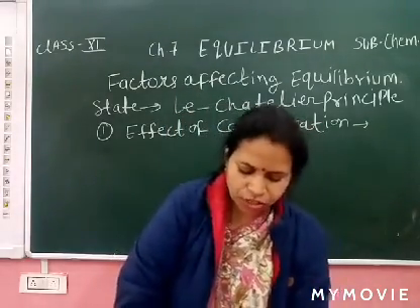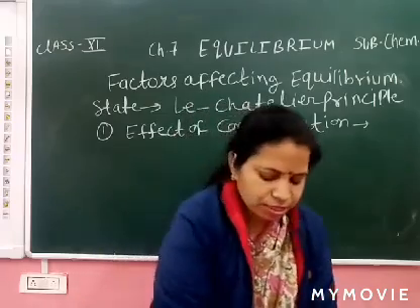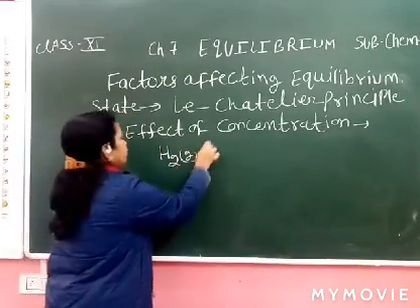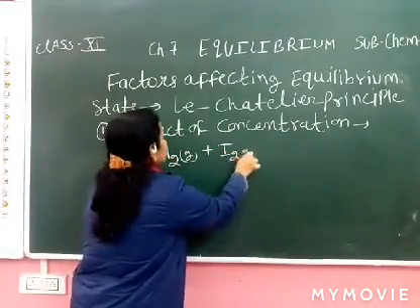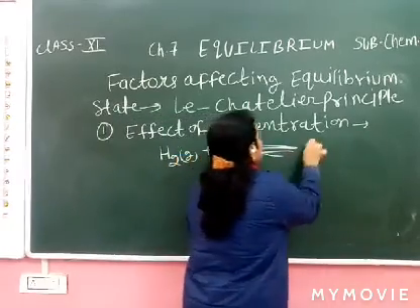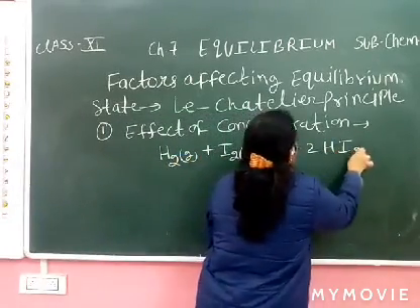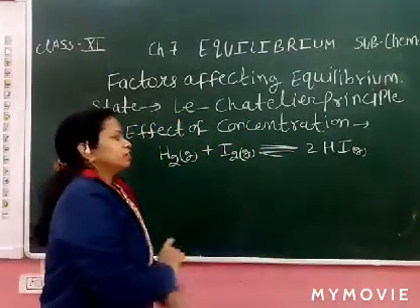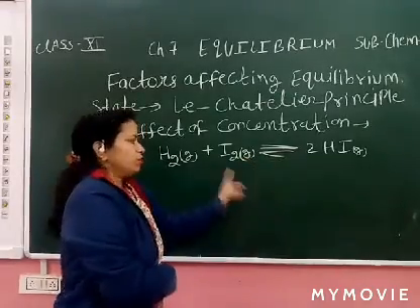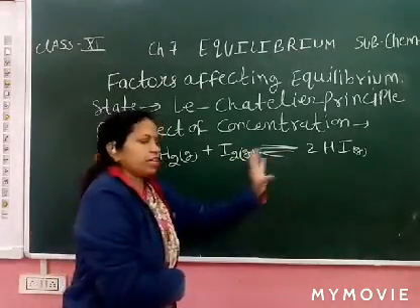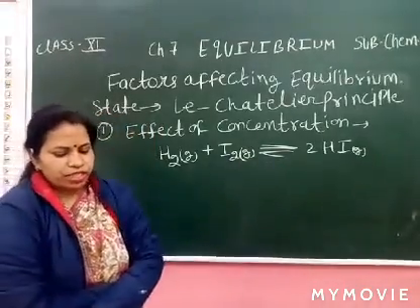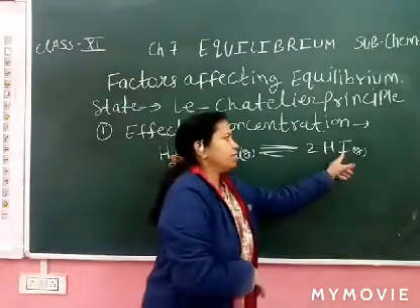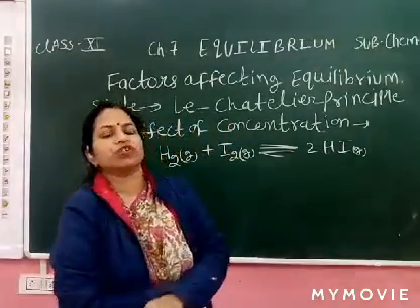Okay. So according to this principle, for example, H2 plus I2 in gaseous state gives 2HI. We already explained this equation. So what is the reaction quotient? HI power 2 divided by the molar concentrations of H2 and I2. What is the numerator and denominator here? HI is the numerator, and H2 and I2 are the denominator.